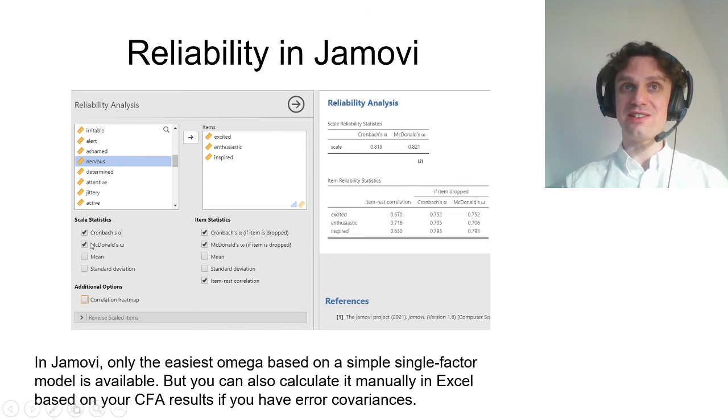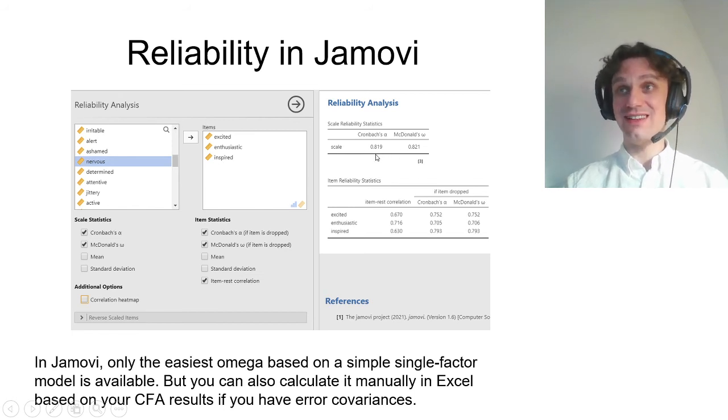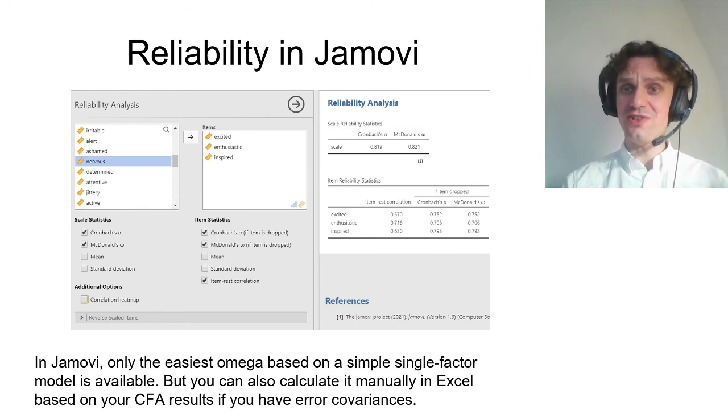Just tap this McDonald's omega in reliability analysis and you will get a nice estimate. Well, here they are pretty much the same because as we have seen, the item factor loadings are similar and also the distributions of these items are fairly normal, so it's a nice type of data. But sometimes you might see differences between the two.